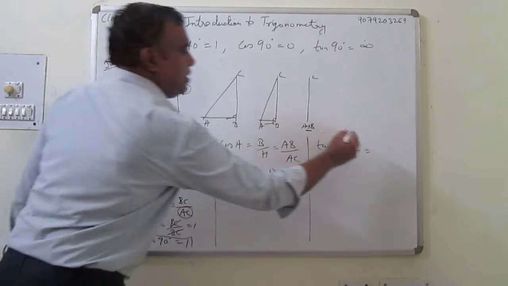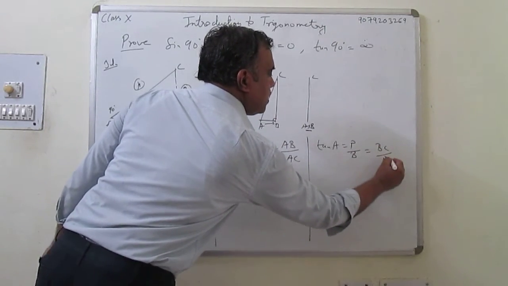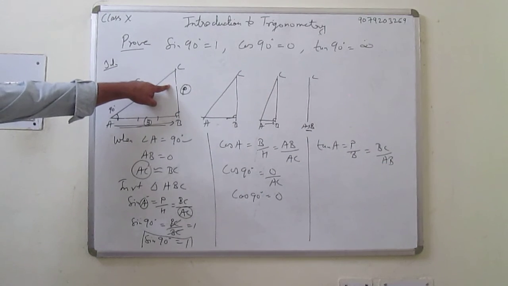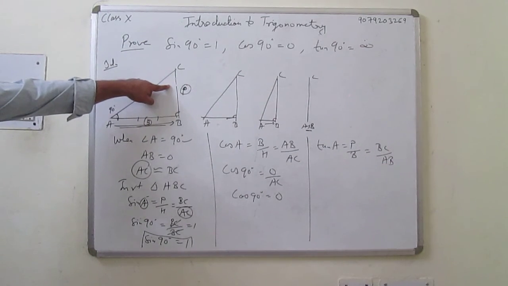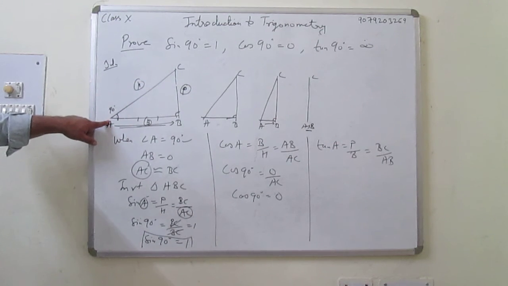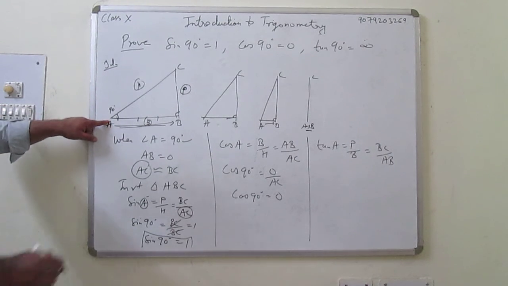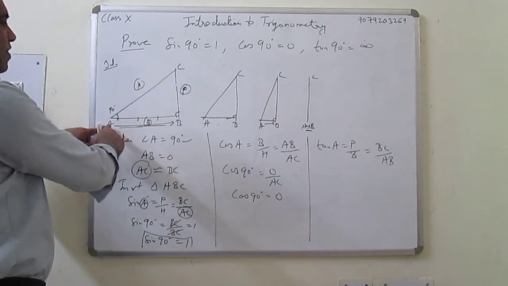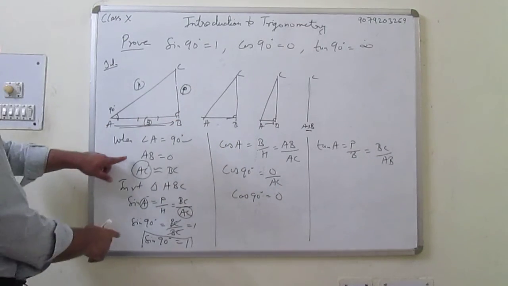Now for tan A, P upon B. What is P? BC upon AB. Now A is 90, so BC is BC, the perpendicular, and AB is 0.